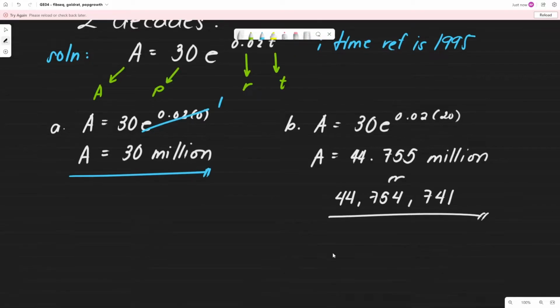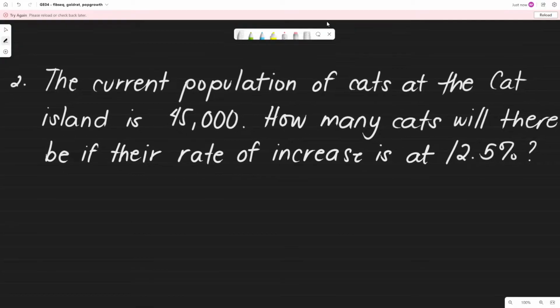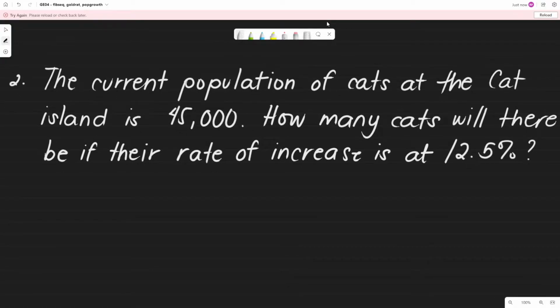Another example so we can practice. We have here the current population of cats at the Cat Island in Japan, which is 45,000.